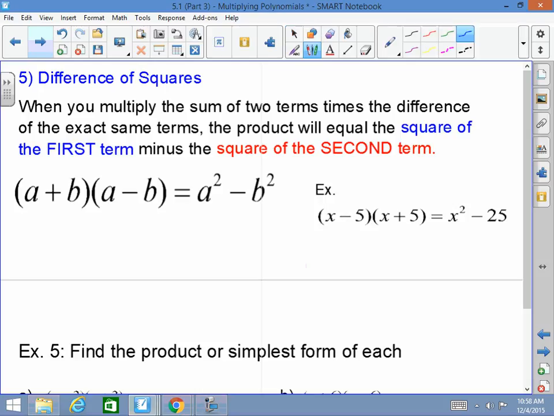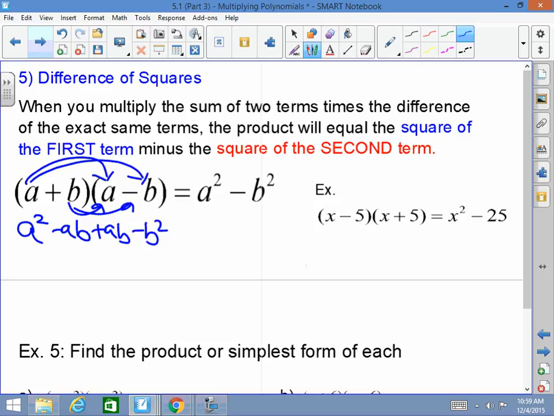Again, you don't want to memorize it? Don't. This is what you will have to do if you do it the long way. First term times first term, so that's a squared minus ab plus ab minus b squared. These two middle terms cancel, and you got a squared minus b squared.